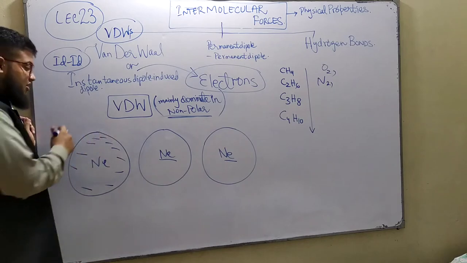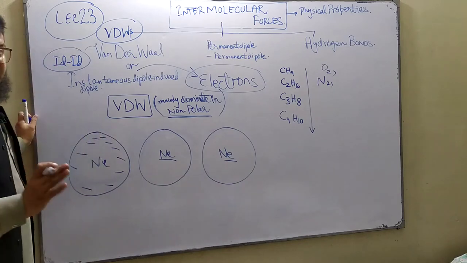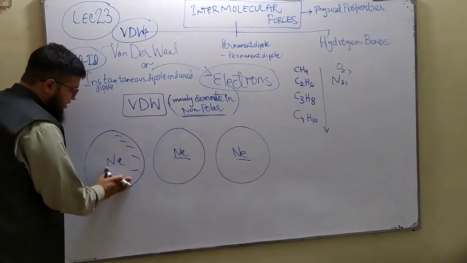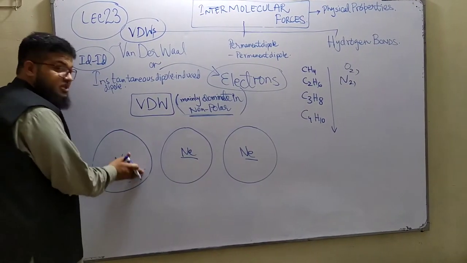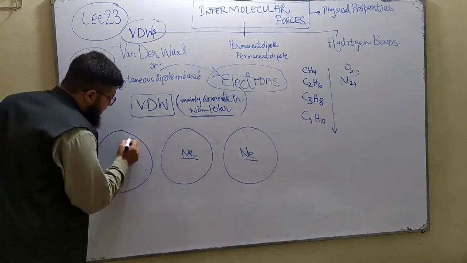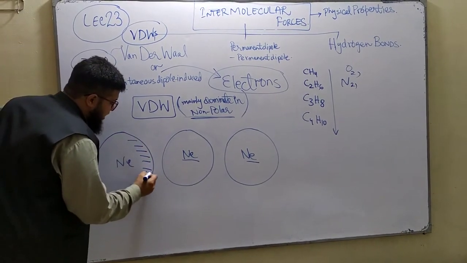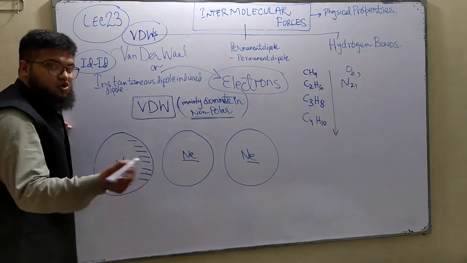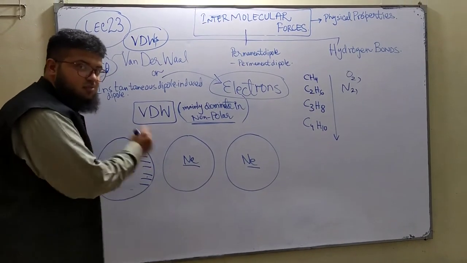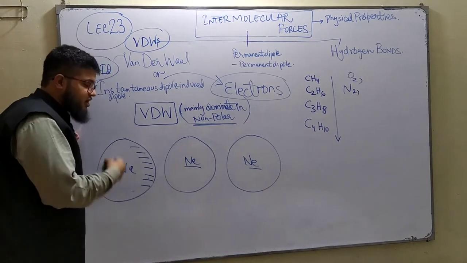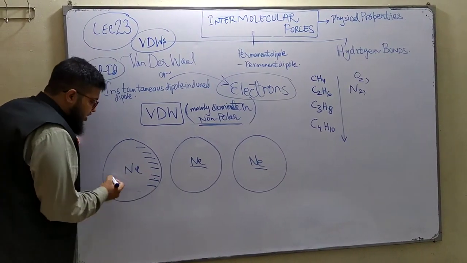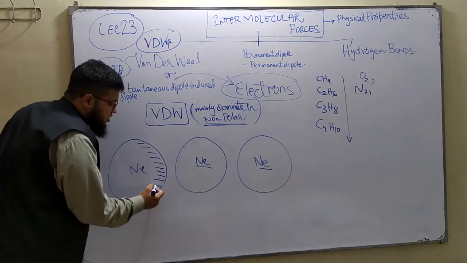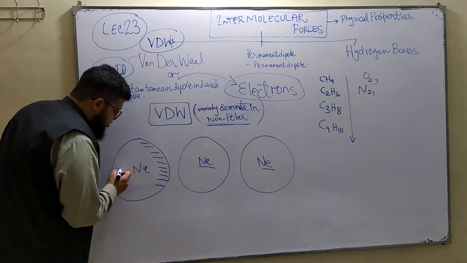But remember guys, all the electrons do not flow at the same pace. At a particular time, the electrons become more concentrated on one side of neon as compared to the other, because the electrons are continuously moving around. You know that from your O levels, right? Electrons are not stationary, they are moving around in the entire space around the atom. So a time comes when the electrons become more concentrated on one side and less concentrated on the other.